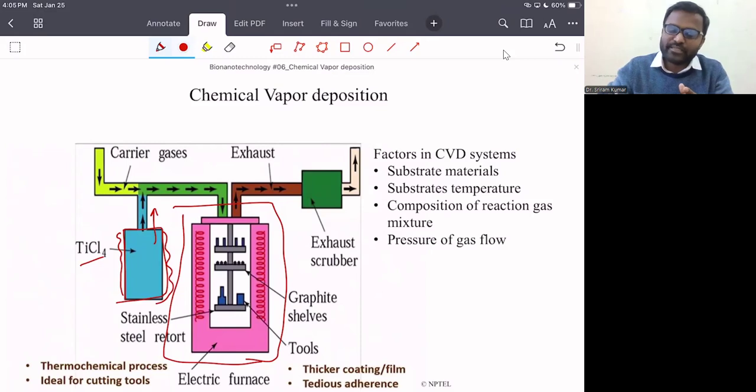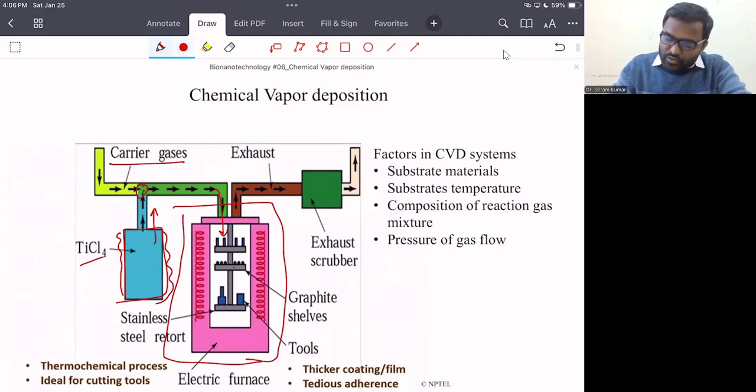The vapors are carried by the carrier gas, because the vapor does not have enough density to move from here to inside the chamber, so we need some external carrier gas which can take the precursor vapor from the tube to inside the deposition chamber.